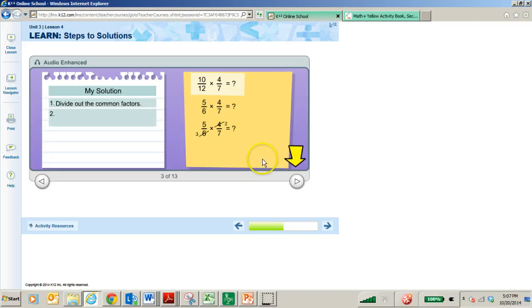So as this model goes through, definitely work it out the other way as well so that they understand why this makes sense. Your student should not have to do stuff like this on the end of the year assessment, but it is okay for them to practice it in the OLS, and you can see you get the same answer. So it's all about the commutative property and understanding that the order when multiplying does not matter.